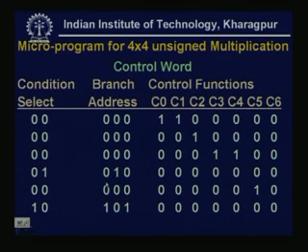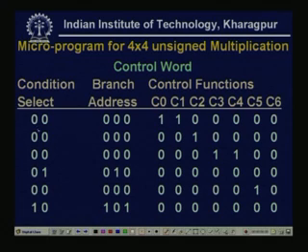Say the condition select, we consider the first one, is 00, then the branch address is 000, and say the control functions are both C0 and C1.